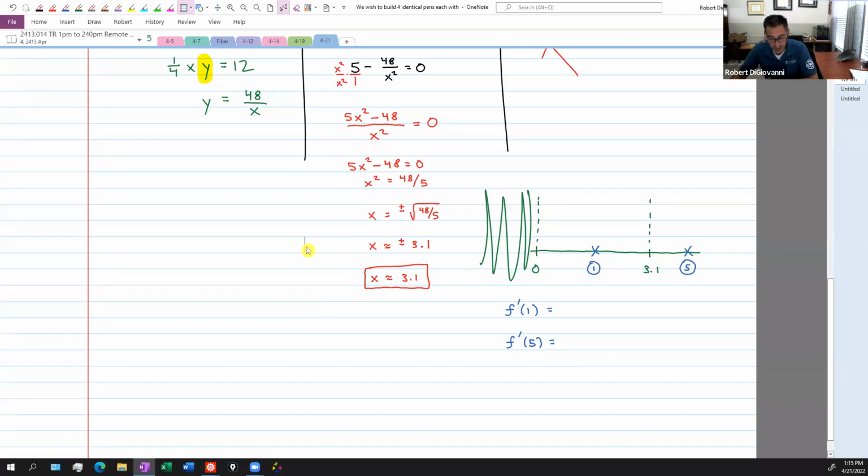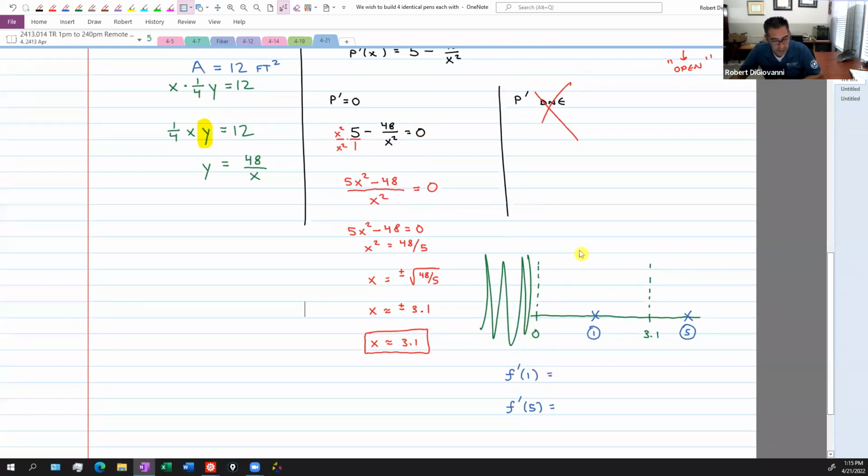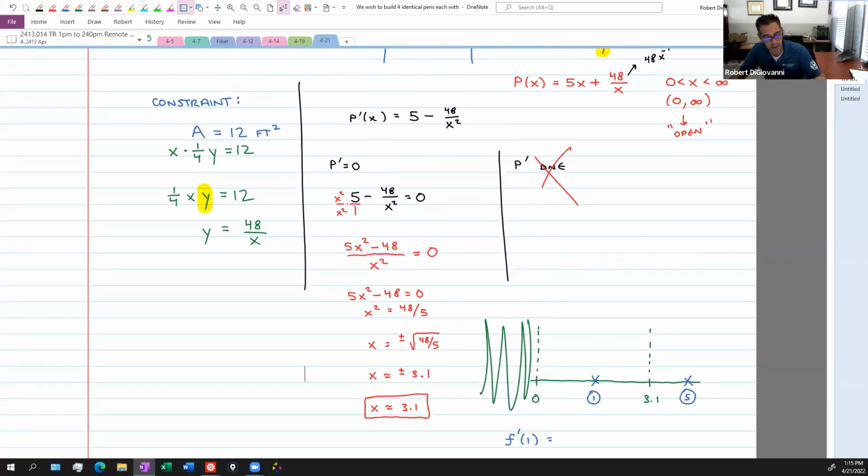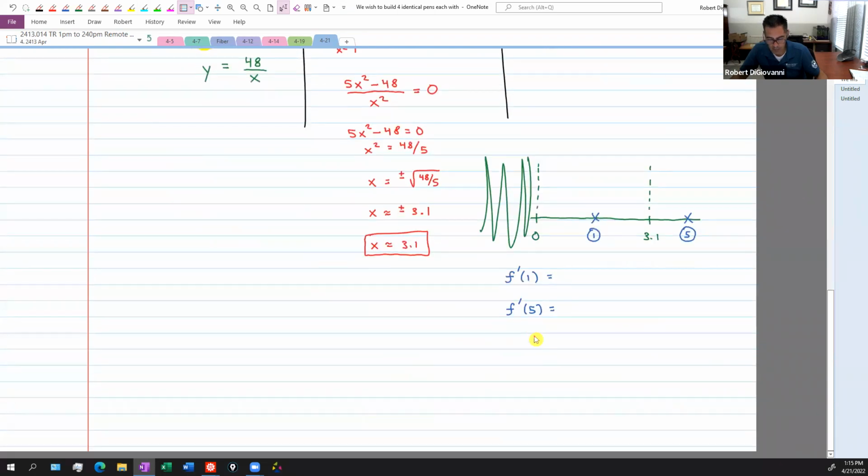Okay, anyway, we plug in 1 into the derivative. Here's the derivative up here. Let me grab it real quick. So I'm going to plug 1 into this. If I plug 1 in here, 48 divided by 1 is 48. So 5 minus 48, that's a negative number.